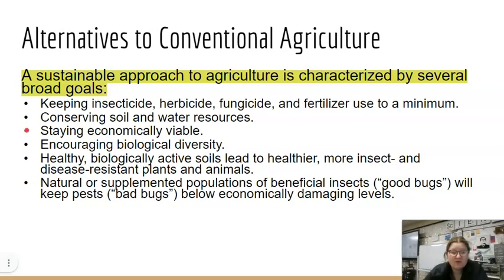It needs to be affordable for the farmer to run their farm that way and also for people to buy that food. They also want to encourage biological diversity, which can protect our ecosystems. They want healthy, biologically active soils that lead to healthier, more insect and disease-resistant plants and animals. And then natural or supplemented populations of beneficial insects, good bugs, will keep the pests, the bad bugs, below economically damaging levels, meaning they're expecting some damage to their crop, but it shouldn't be so much that they're losing money on the crop.